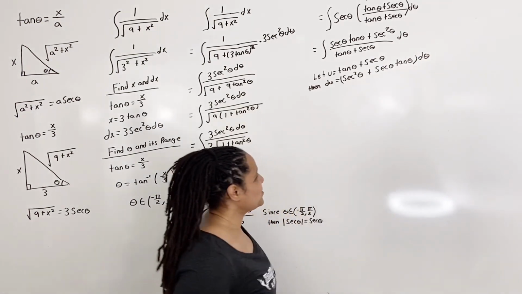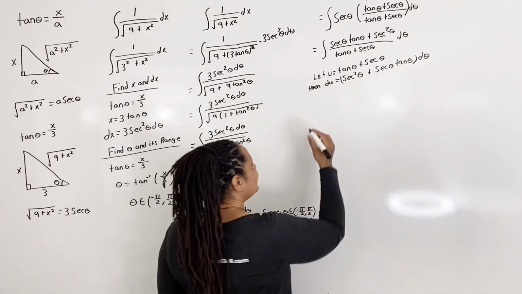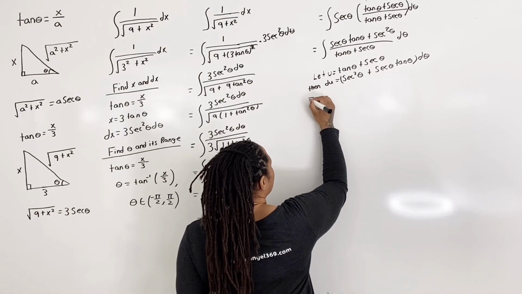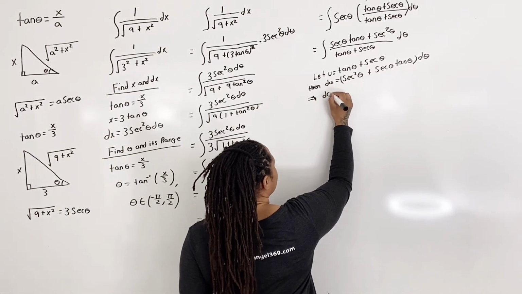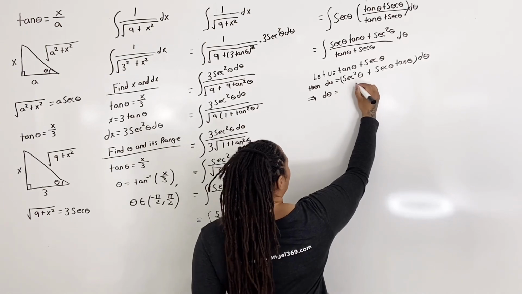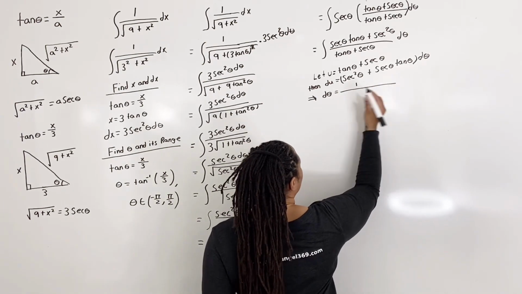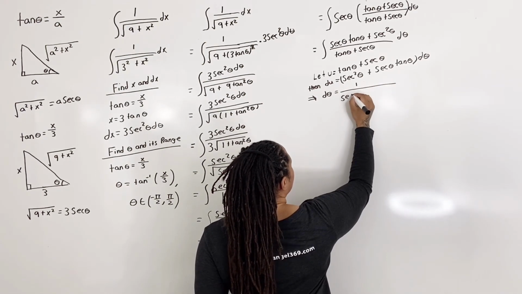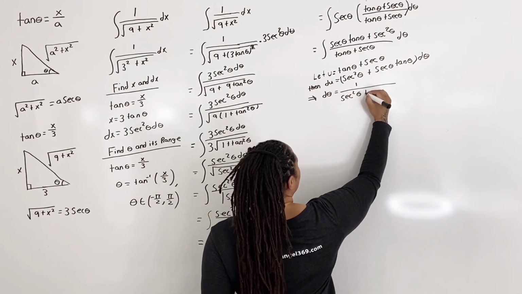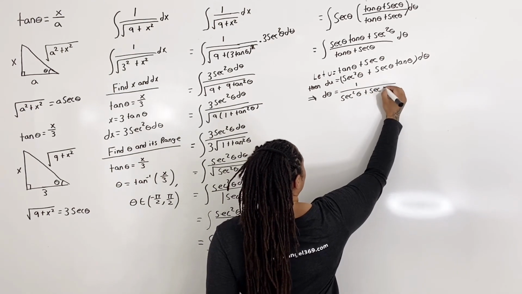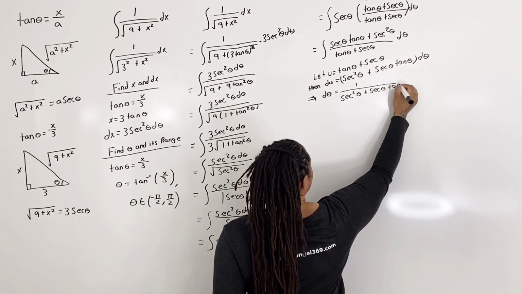And now I'm going to solve for d theta. So this implies that d theta is equal to 1 over secant squared theta plus secant theta tan theta du.